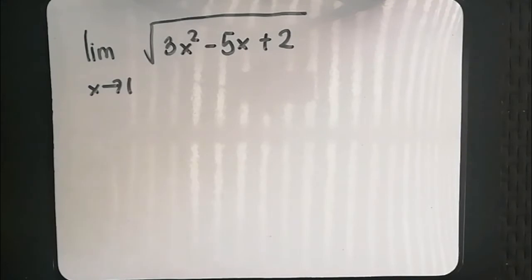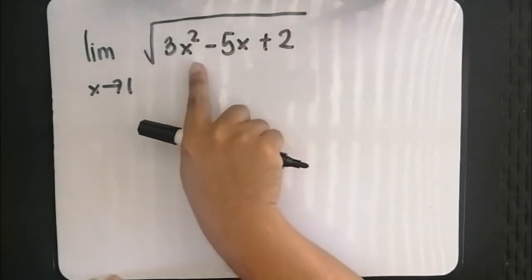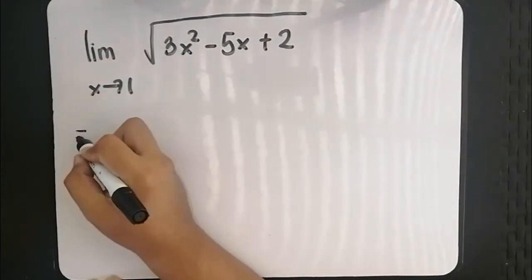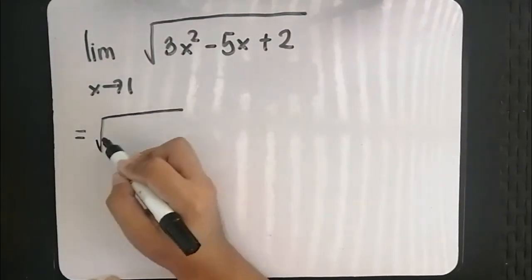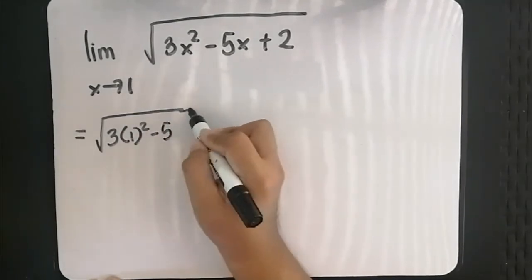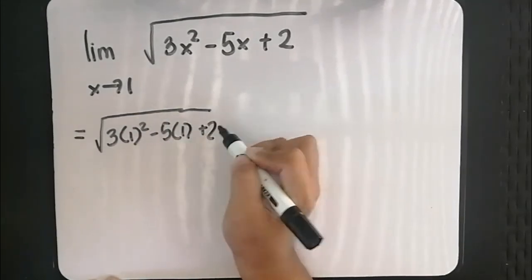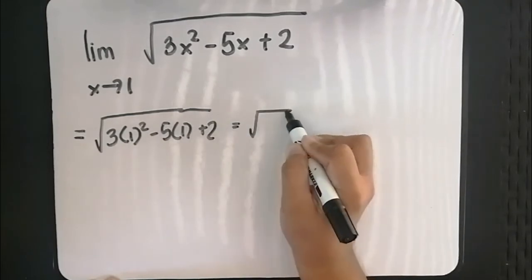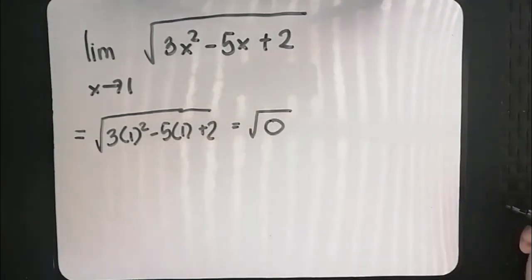So let's consider this example, the limit of the square root of 3x squared minus 5x plus 2 as x approaches 1. If we substitute 1 here, observe that the square root of 3 times 1 squared minus 5 times 1 plus 2 is actually equal to the square root of 0.